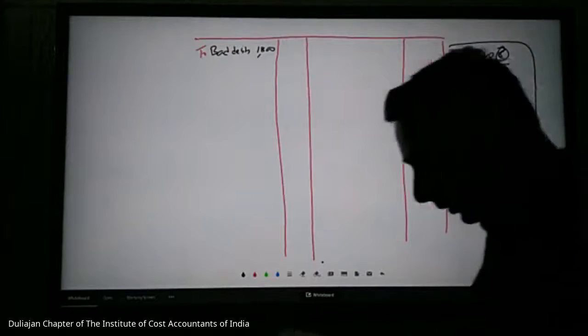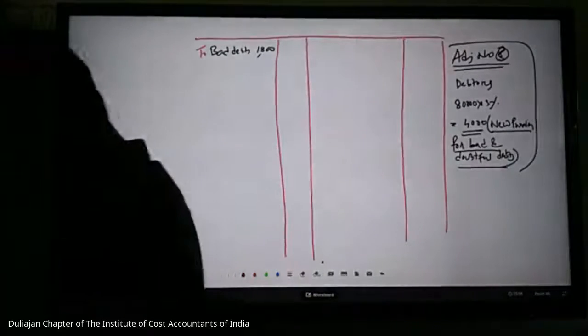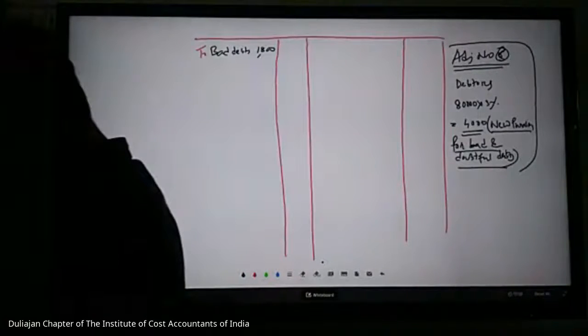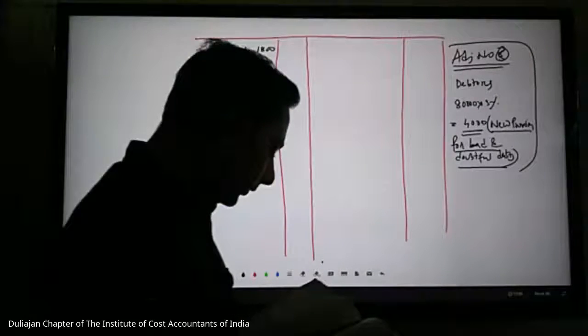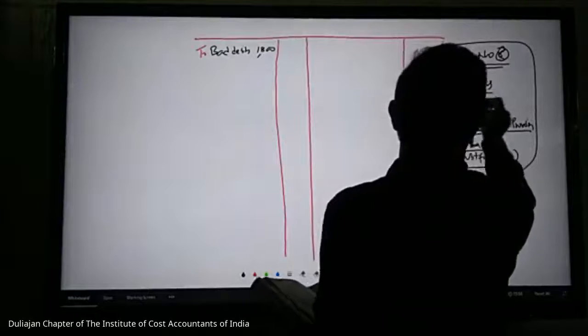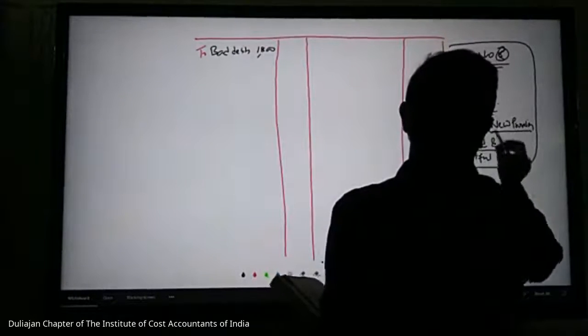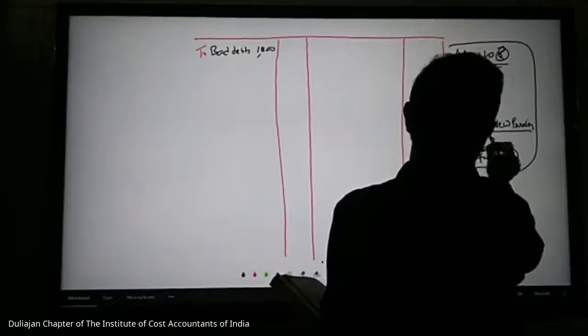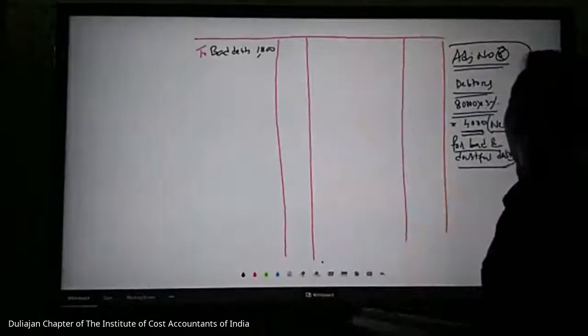Make a provision for 5% on debtors. Debtors amount given 80,000. 5% means 4,000. This is the new provision for bad and doubtful debt.